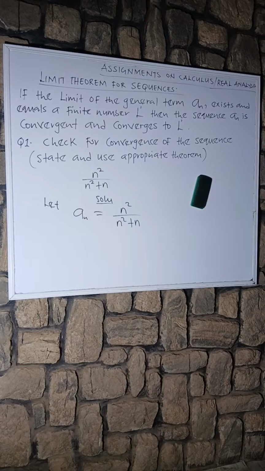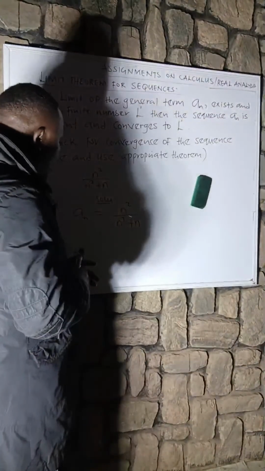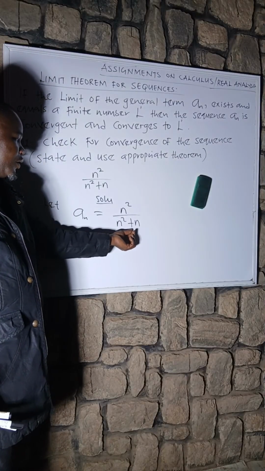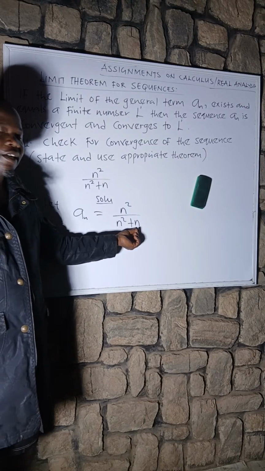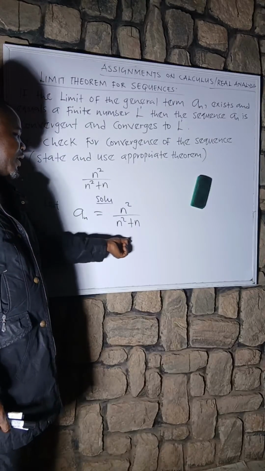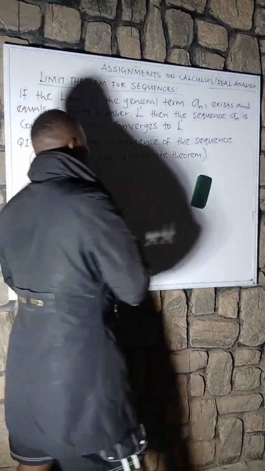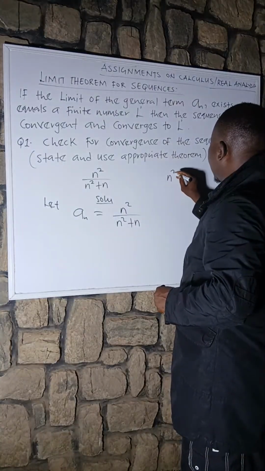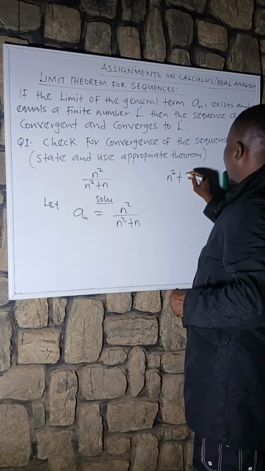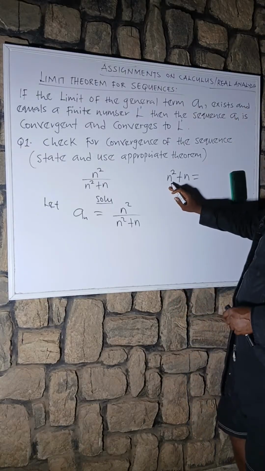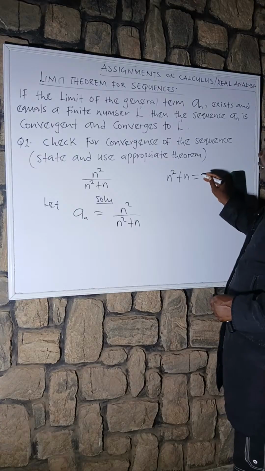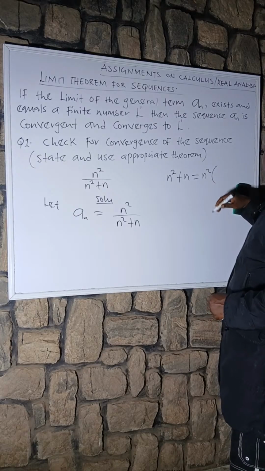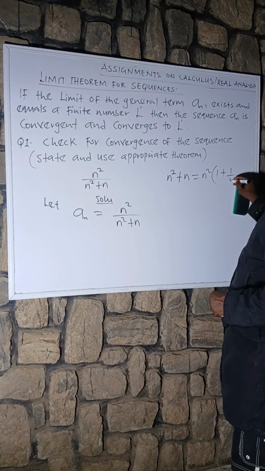So it means that you don't need a prophet to tell you, since the denominator, we can factorize the denominator. We have n raised to power 2 plus n. We can rewrite this expression in this form. This is the same thing as n squared, open bracket 1 plus 1 all over n.